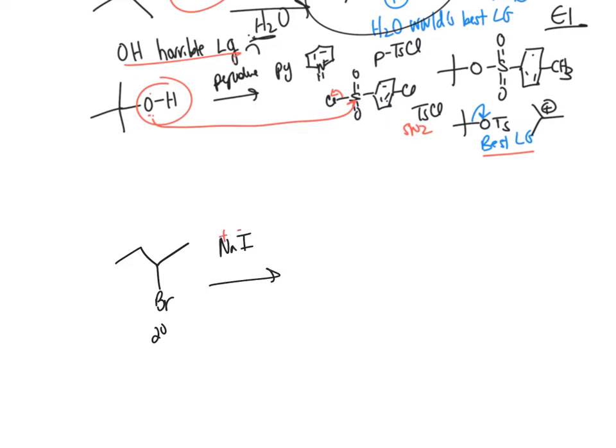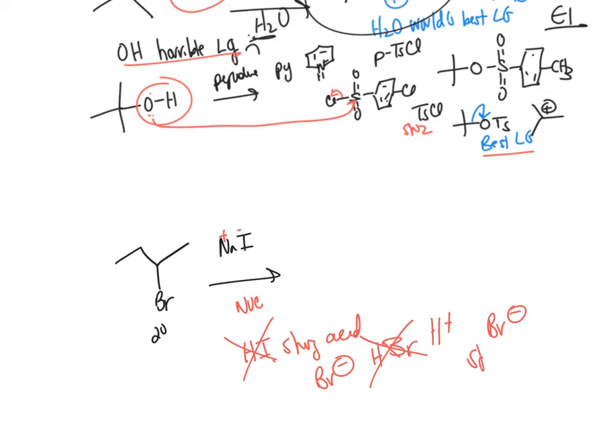Okay, iodide is a nucleophile. Iodide is never going to go and get a hydrogen. Why? Because HI is a strong acid. Also, Br minus, okay, it's never going to do elimination. HI and HBr are 100% dissociated, right? Because they're strong acids. So those are not going to be bases.